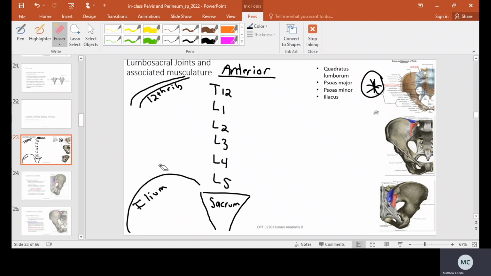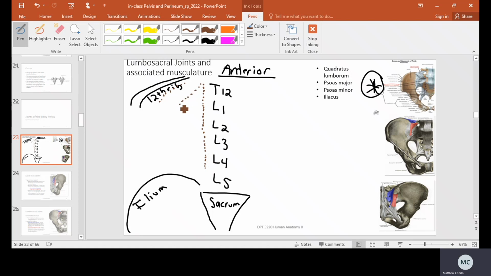All right, so a little bit of orientation here. We're looking at an anterior view of lower lumbar or lumbar spine, sacrum, ilium. Big muscle we're going to encounter here is going to be quadratus lumborum. Okay, so quadratus lumborum is going to come off of a little bit of the 12th rib, transverse processes of T12, L1, all the way down here.